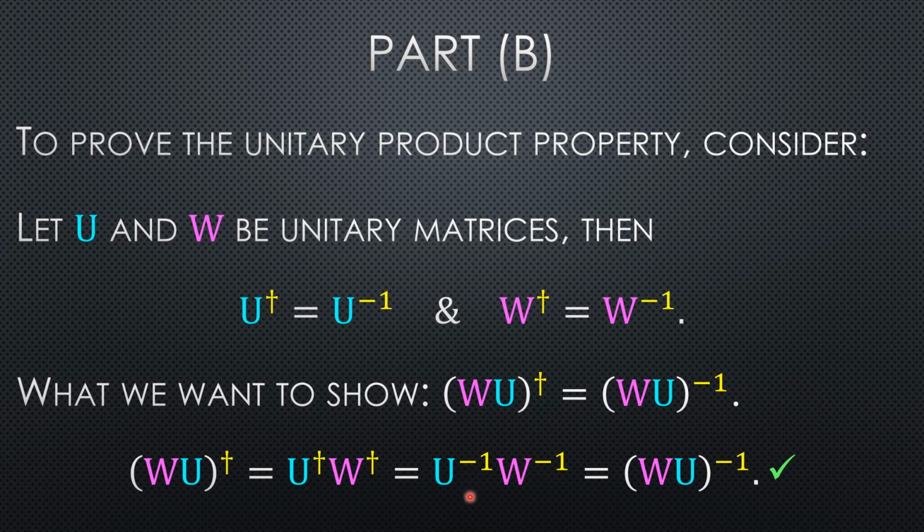And then from our inverse property from the last slide, we see that the product of inverses is the inverse of the product, but in reverse order. And then I've proven what I set out to do. Therefore, the product of two unitary matrices is indeed unitary. Very nice.